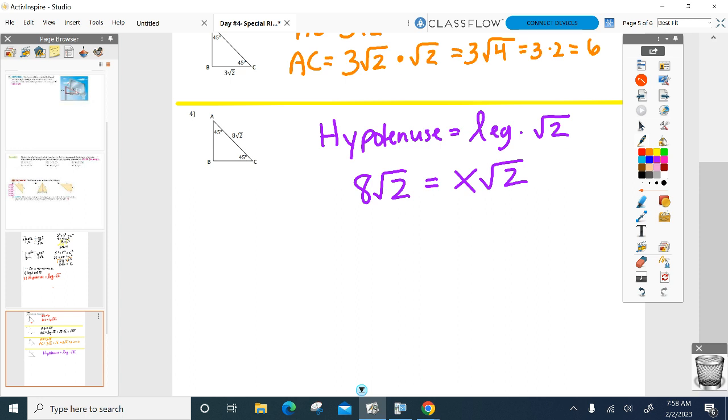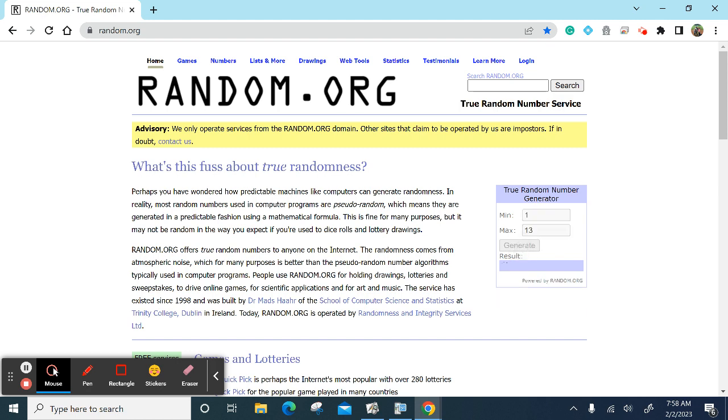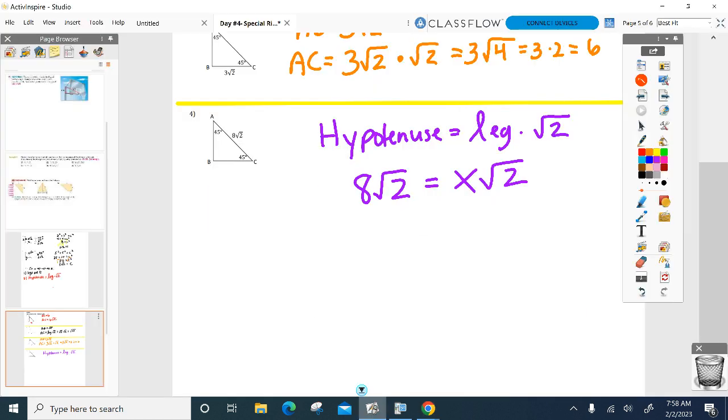Okay, how do I get x? How do I get the leg x by itself? Just use your rules, guys. How do I get x by itself here? What do I need to do with the radical 2? Are they being added? What's happening between these two, Kelsey? Okay, so go ahead. How do I divide by? There you go, radical 2. And oh, look what happens on this side, kids.